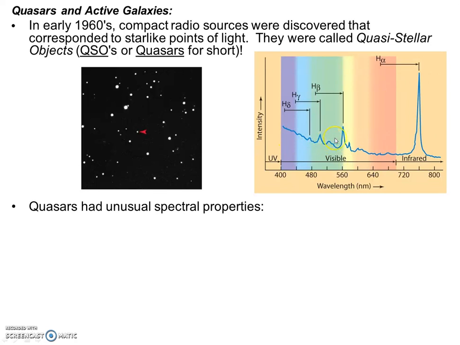And these emission lines were at really weird positions in the optical spectrum. They didn't correspond to any known spectral lines that were seen in emission before.